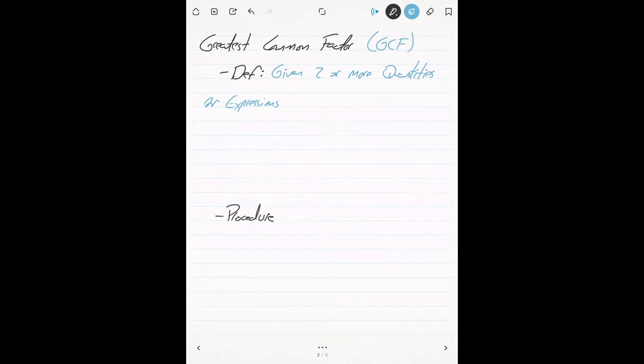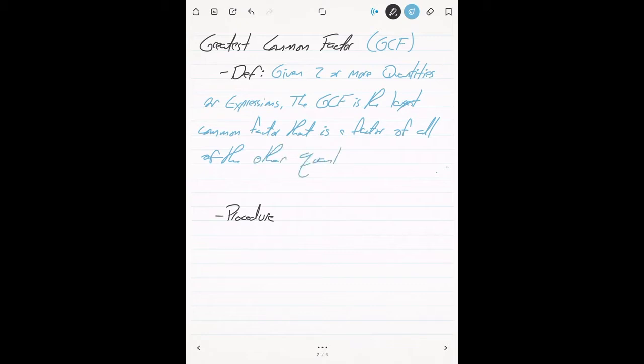So given two or more numbers or two or more polynomials, the GCF is the largest common factor that is a factor of all of the other quantities or expressions.